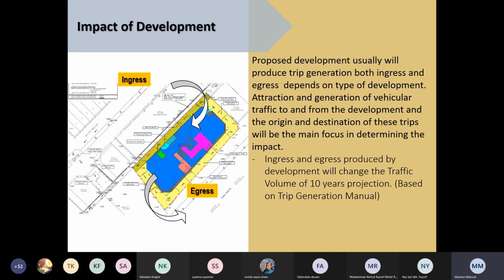It depends on the type of development that we want to do. So this will attract and produce more traffic, and from these trips, the main focus is determining the traffic impact in future. So this one you can refer to the trip generation manual guideline.